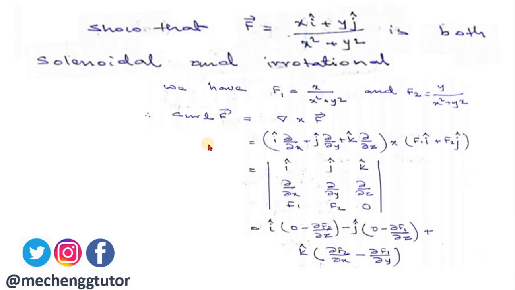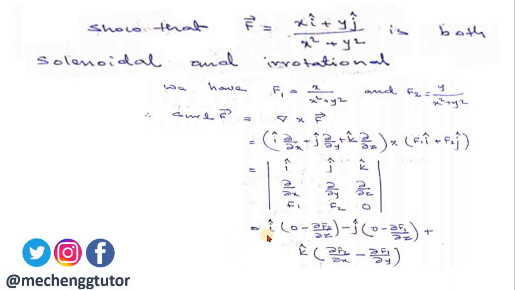Now second part, curl F bar is del cross F by definition. Del is, as you all know, cross F bar, which is F1 i plus F2 j. Substitute in the determinant i, j, k, dou by dou x, dou by dou y, dou by dou z, then F1, F2, and no third component, so you take it as 0. Remember this.